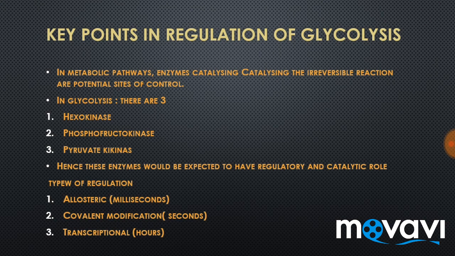This is about, we can say, molecular biology. I will just tell you what transcriptional control is. Here there is simply an increase or decrease in the number of enzyme molecules through their synthesis or breakdown, using the central dogma of biology, that is DNA to RNA and to protein.